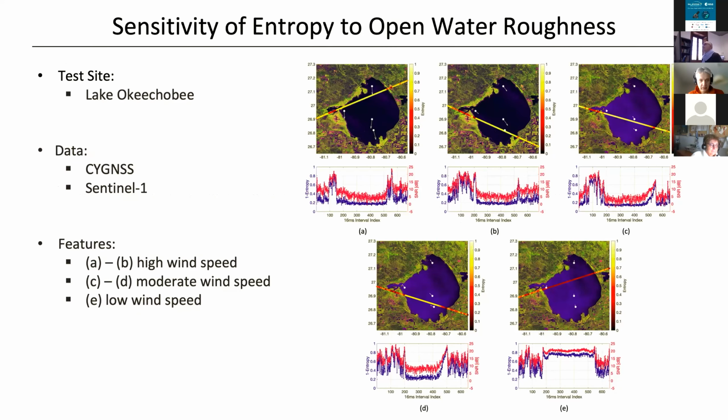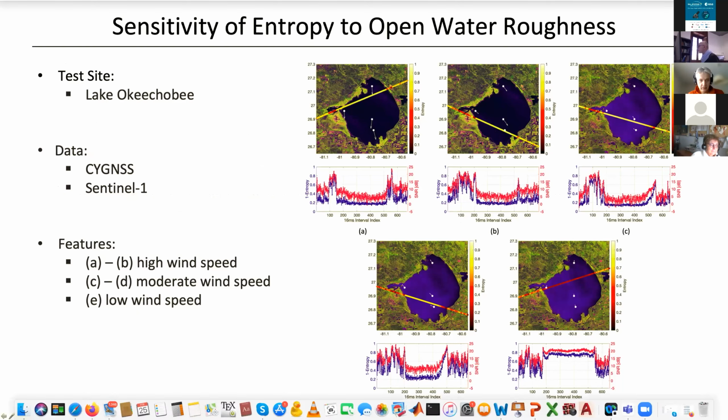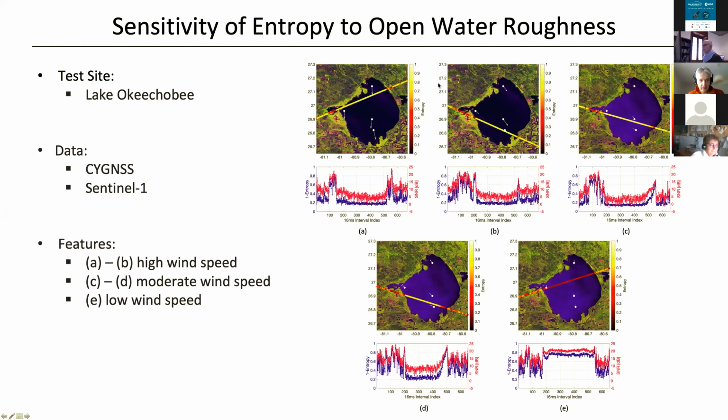Okay, we have here some experiments. One experiment is with Lake Okeechobee in Florida, and we can see what happens in some different cases depending on the surface roughness. In figures A and B, there are two cases of high wind speed.